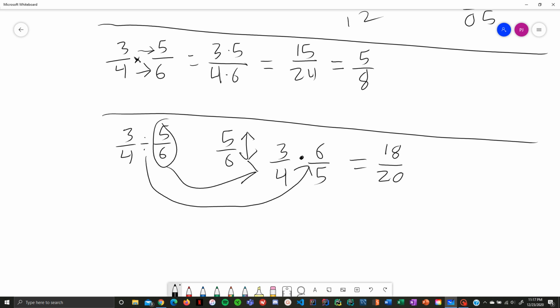So we have 18 over 20. Then we can go ahead and reduce this. If we divide by 2, because 2 is a common factor in both these numbers, we would end up getting 9 over 10. 20 divided by 2 is 10, and that would be our final answer, 9 over 10.